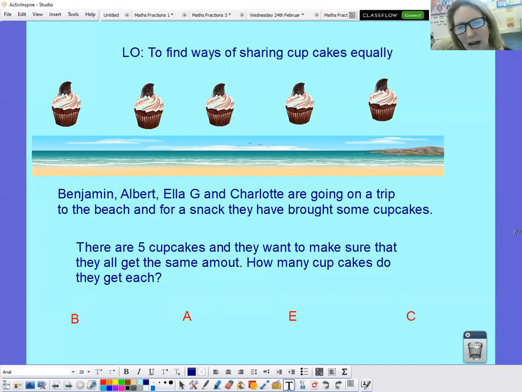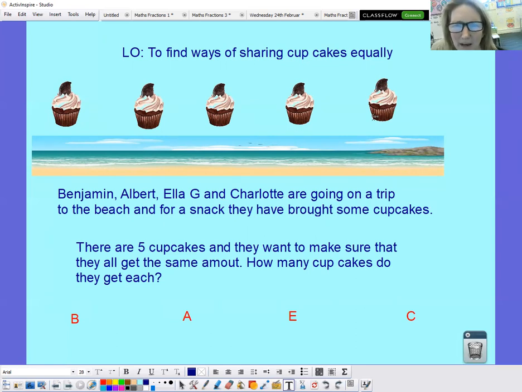Benjamin, Albert, Ella G and Charlotte are going on a trip to the beach. For a snack, they have bought some cupcakes. There are 5 cupcakes. Let's count. 1, 2, 3, 4, 5. Each child wants to make sure that they all have the same amount.